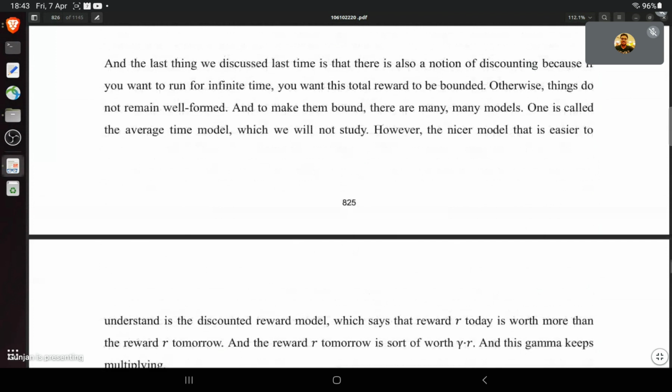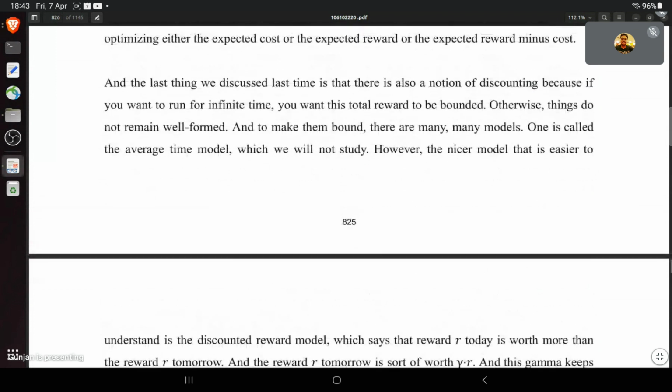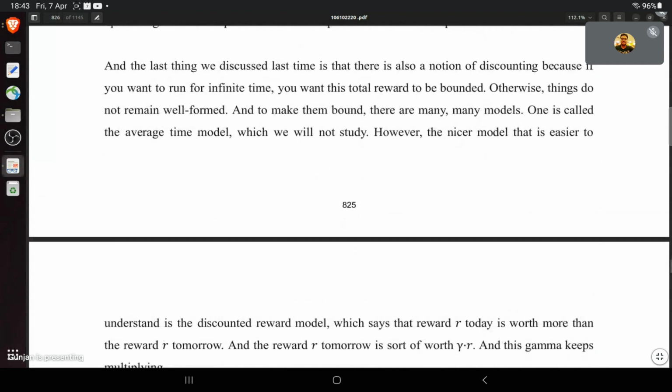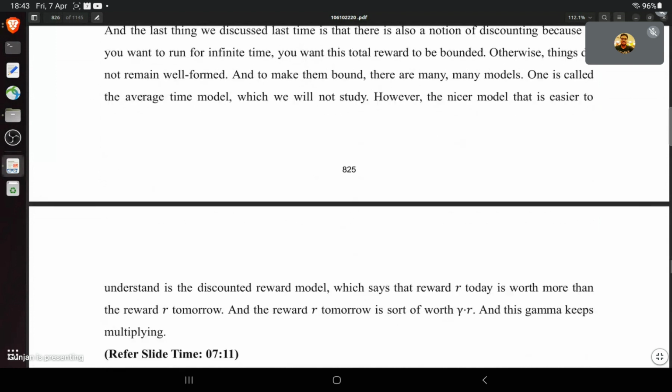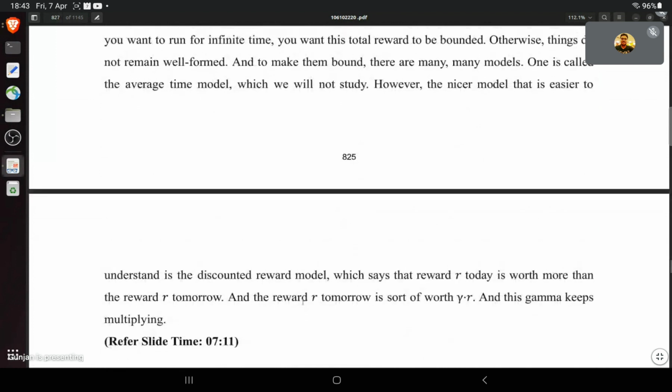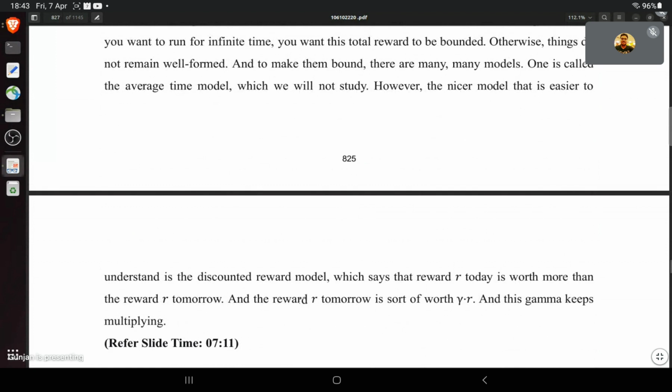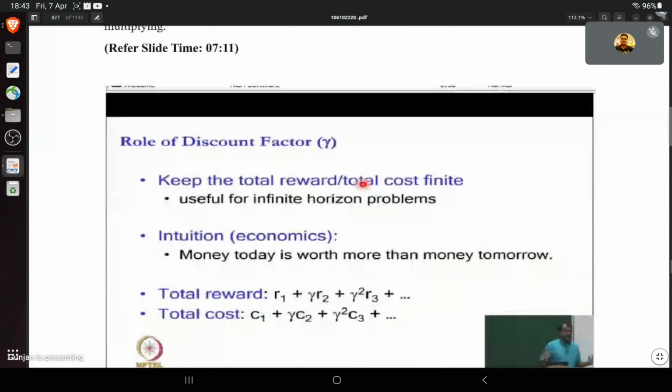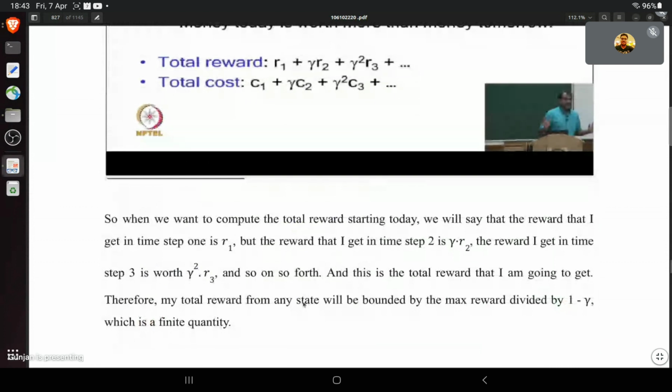For the infinite horizon, you want this total reward to be bounded. Otherwise, things do not work, so you make them bounded. However, the nicer way is to understand the discounted reward model. So the entire point of the discounted reward model was the problem of infinite rewards.